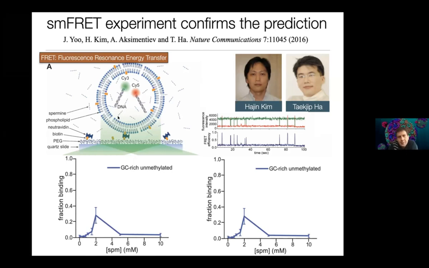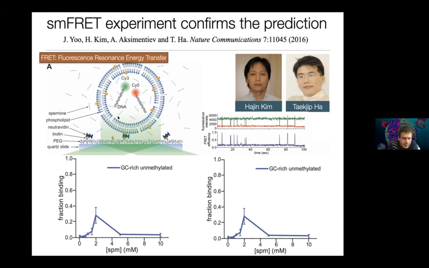You can label one DNA molecule with one fluorophore dye and the other one with another dye. When they come together, you get what's called FRET. You get a signal, and when they're apart, you don't get a signal. And you can just measure how frequently those molecules come together and use that as an indication of attraction.